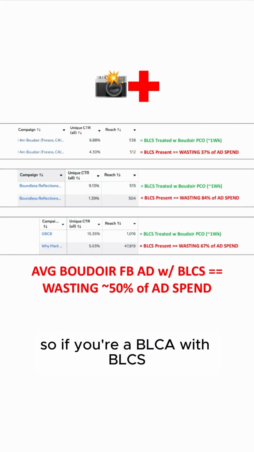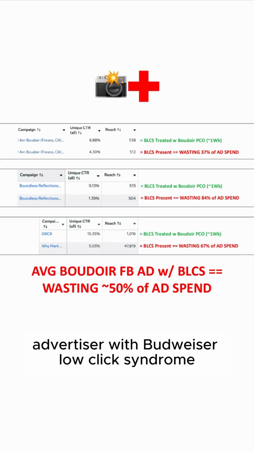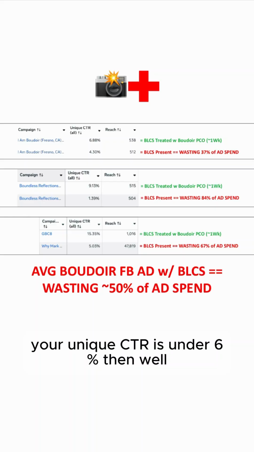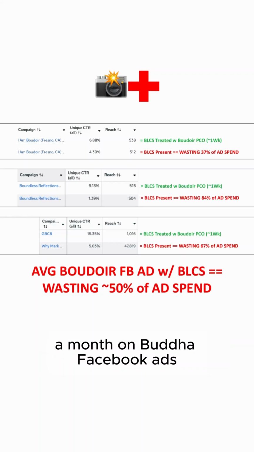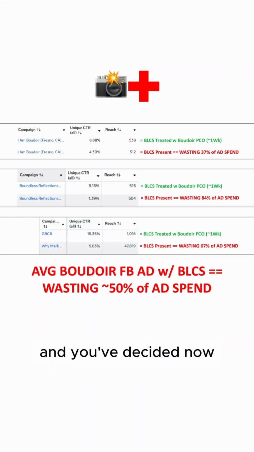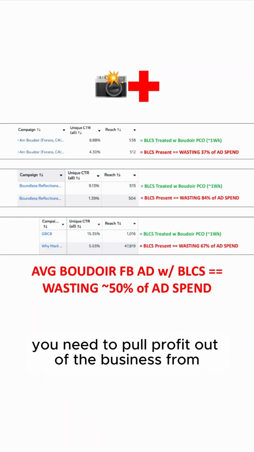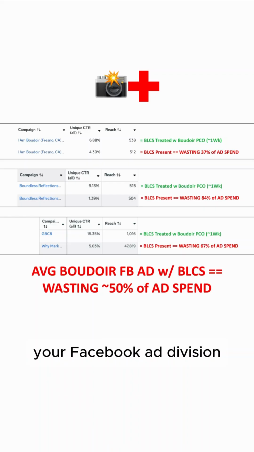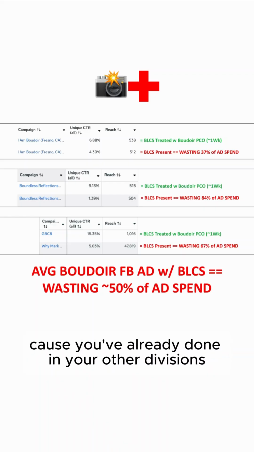So if you're a BLCA with BLCS, so if you're a Boudoir low click advertiser with Boudoir low click syndrome, your unique CTRL is under 6%, and you're spending more than 10 grand a month on Boudoir Facebook ads, and you've decided now you need to pull profit out of the business from your Facebook ad division because you've already done it in your other divisions.